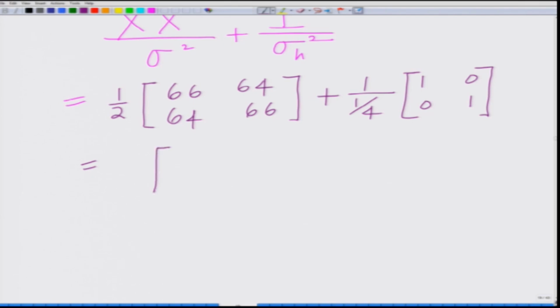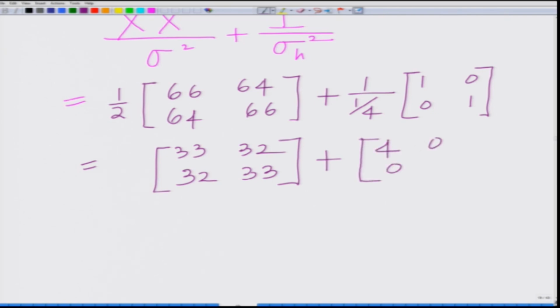So, this will be 33 32 32 33 plus 4 0 0 4.